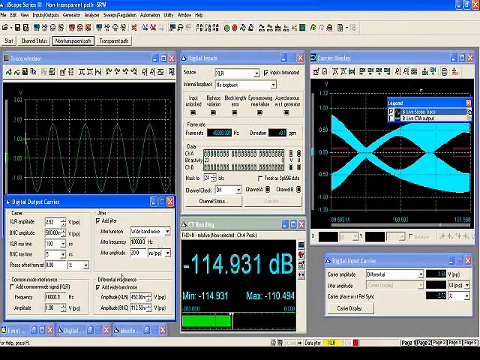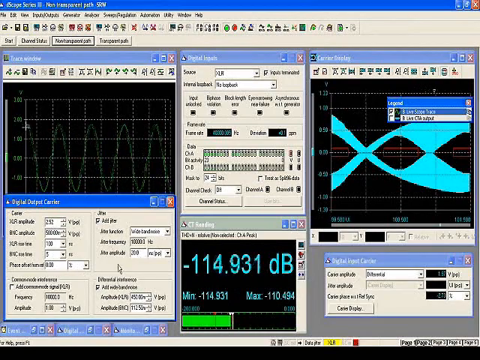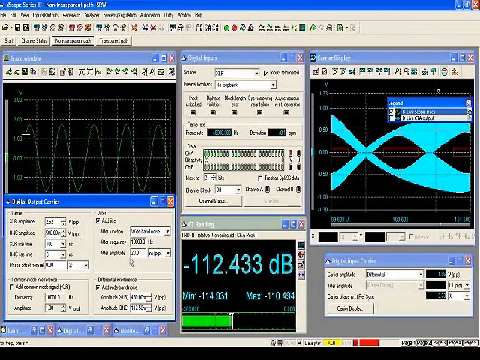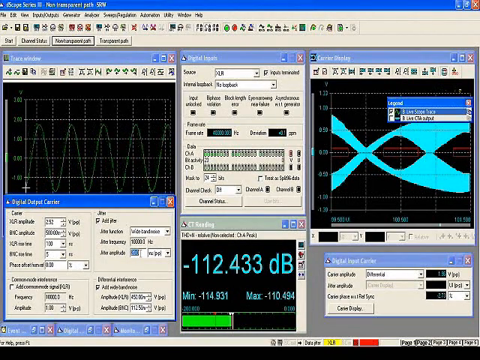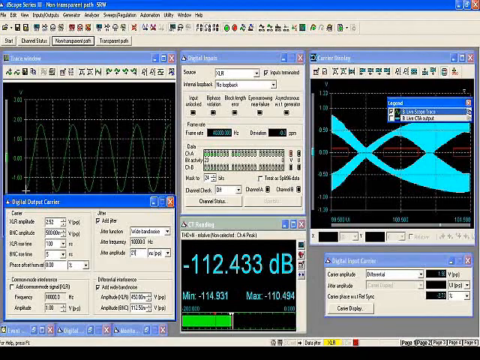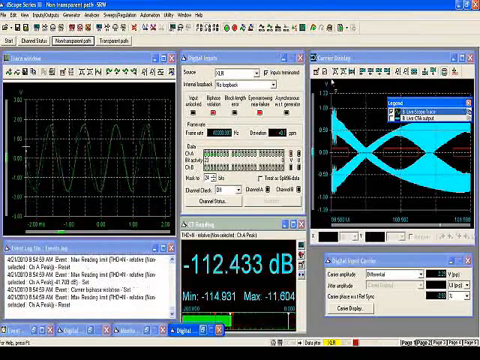You can add differential interference, common mode. Again, we won't get into this here today. It's too lengthy a subject. But what I am going to do is simply add 1 nanosecond more of jitter into this signal path. And having done that, that's enough.